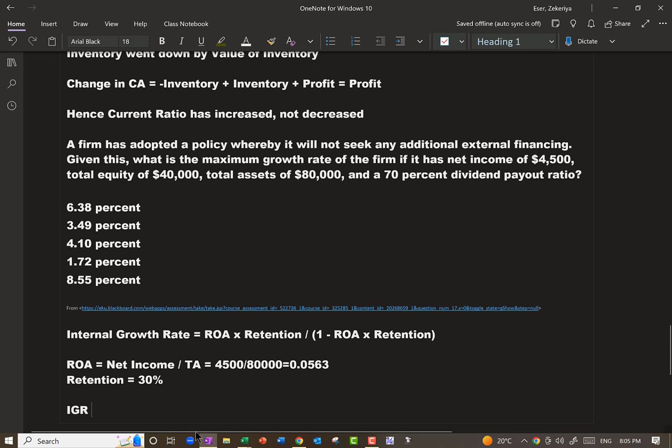Hence, IGR is going to be 5.63% times 30% divided by, you could do this in Excel too, but it's quick here.